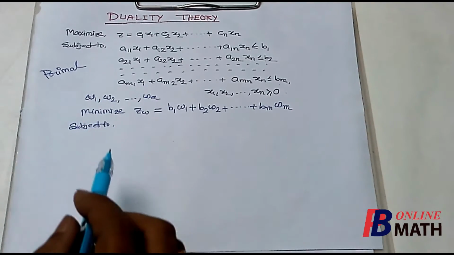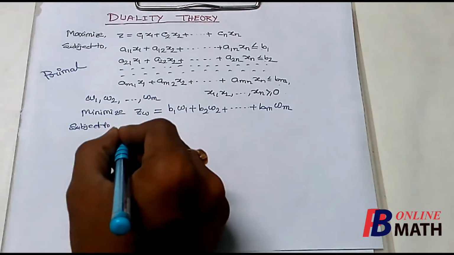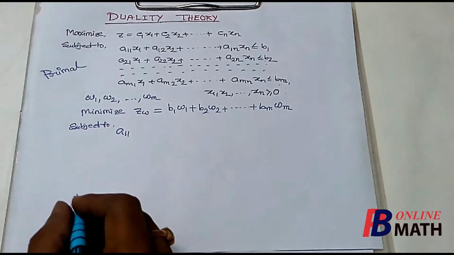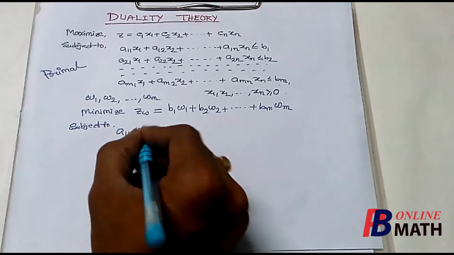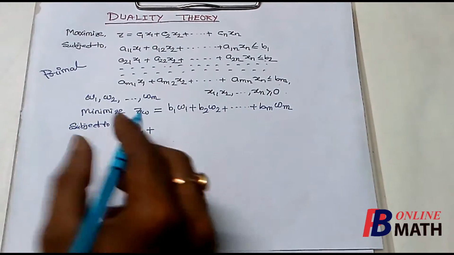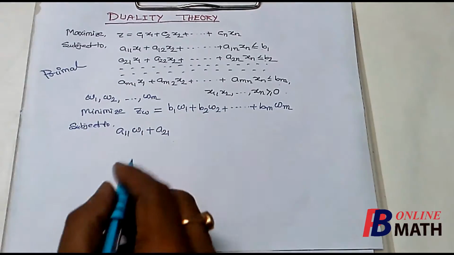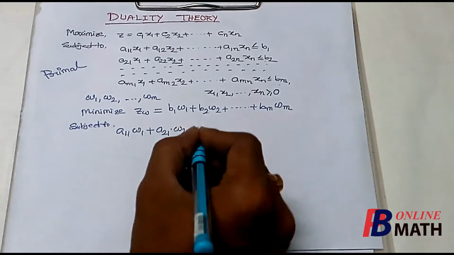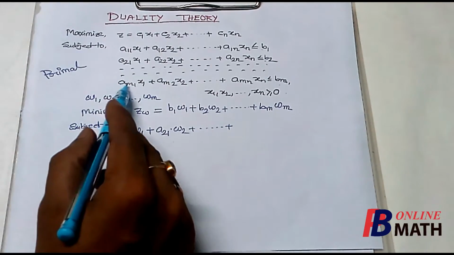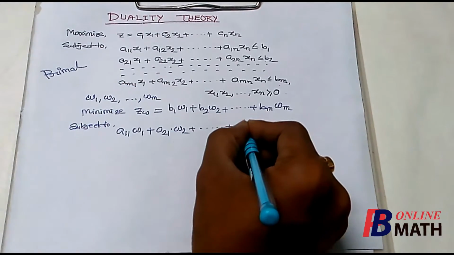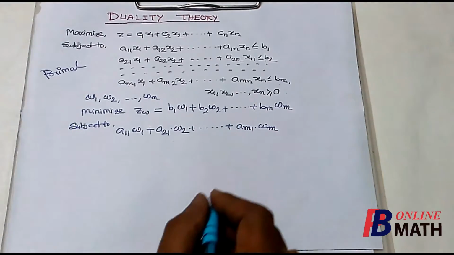This can be found as the first coefficient a11 multiplied by the first variable omega 1, plus a21 multiplied by the second variable omega 2, and continuing in this way, the final coefficient am1 multiplied by the last variable omega m.